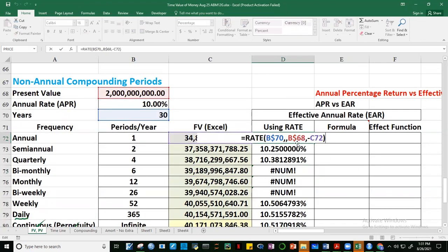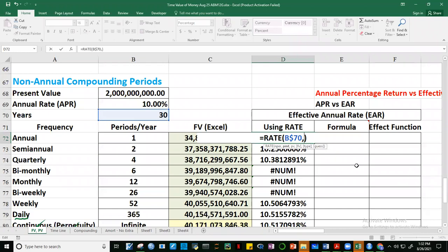Ulitin natin para sure tayo. So rate natin will be N per is 30, di ba? Naka-fix to, F4. Ang kino-compare lang natin, guys, 30 years sila pareho and ang naiiba lang yung future value. So hindi natin ibabalik yung compounding kasi babalik tayo na ang rate will be 10%.